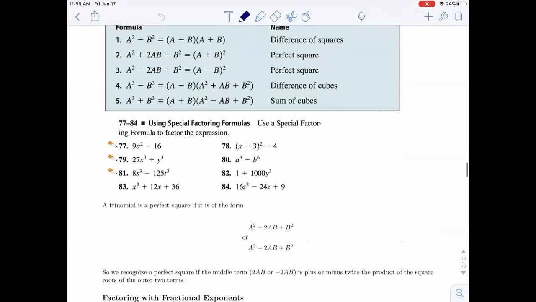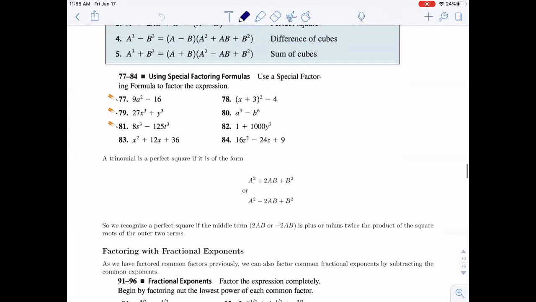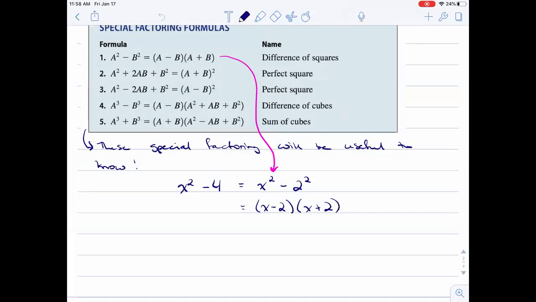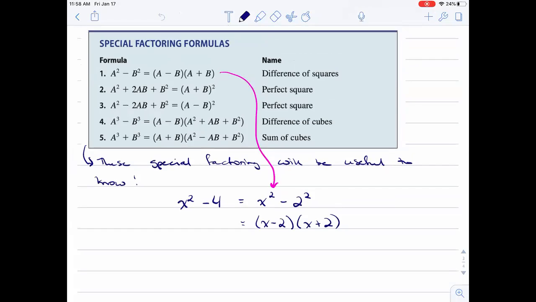So here, the special factoring formulas 2 and 3 are what we call perfect squares. Those you'll definitely want to be able to recognize. They're a little bit harder than something like a squared minus b squared.